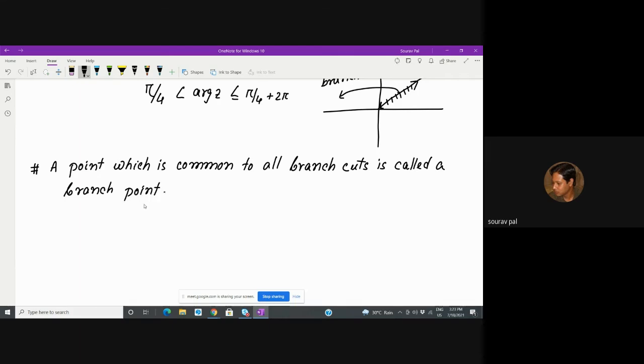So here 0 is a branch point, right? So in the above examples, 0 is a branch point.